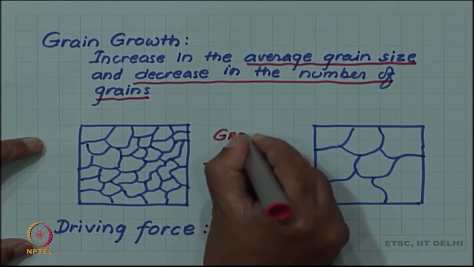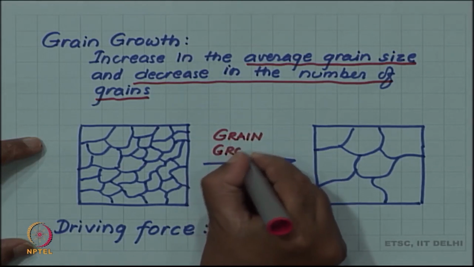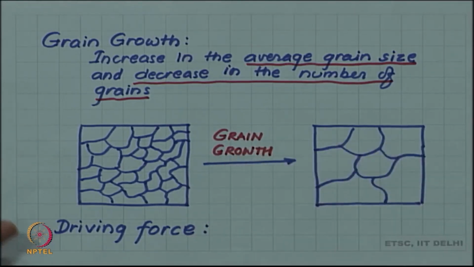Grain size is increasing, but since the total volume of the material is constant, the number of grains decreases, because the same volume is now divided into a smaller number of grains to have larger grain size. So, it is obvious that the driving force for such a process is the reduction in the grain boundary surface energy.